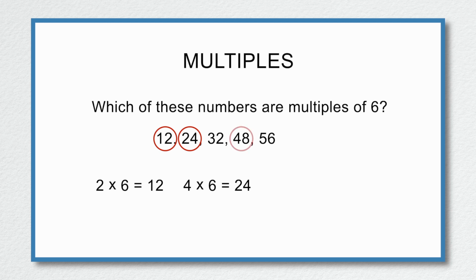And 48 is in the 6 times table because 8 multiplied by 6 is equal to 48. So 12, 24, and 48 are multiples of 6. 32 and 56 are not in the 6 times table, and therefore are not multiples of 6.